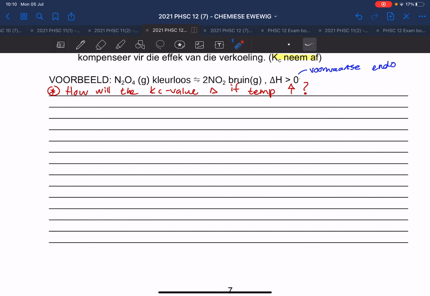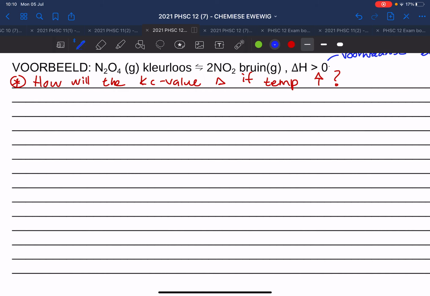Okay, so kom ons gaan skryf hom neer. Right, so the first bullet is stating the obvious. Die voorwaartse reaksie is endotermies. Volgende bullet point, the next bullet point is what did we do?